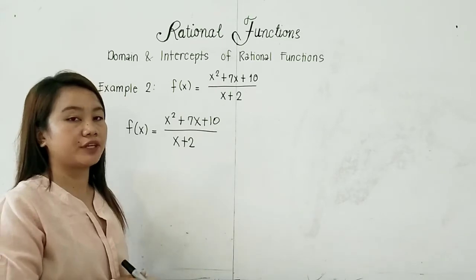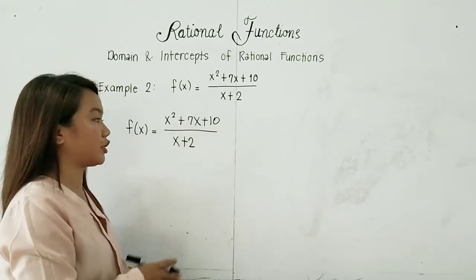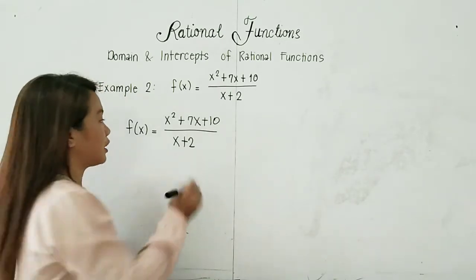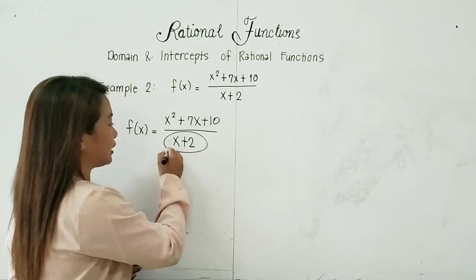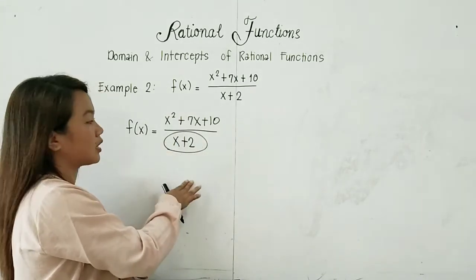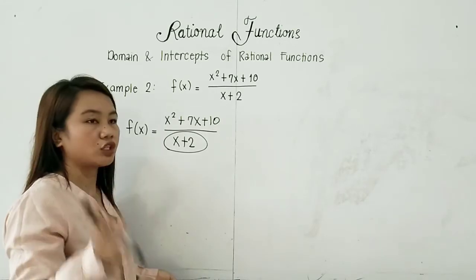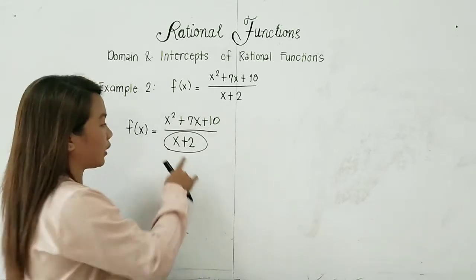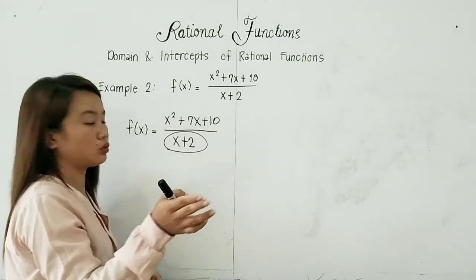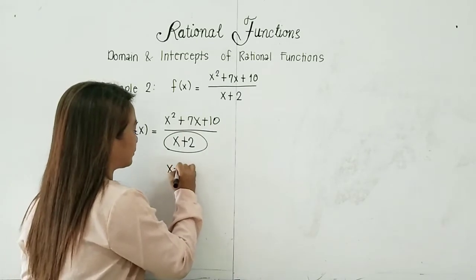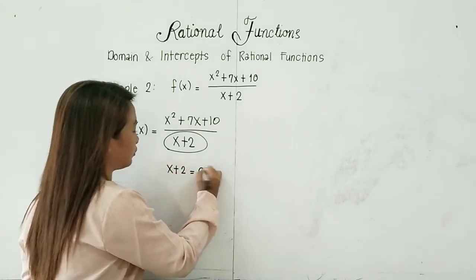Since we are looking for the domain, our focus is the restriction in the denominator. So we will just focus on the denominator of f of x. So for us to get the restriction in the denominator, we will equate x plus 2 to 0. So x plus 2 is equal to 0.